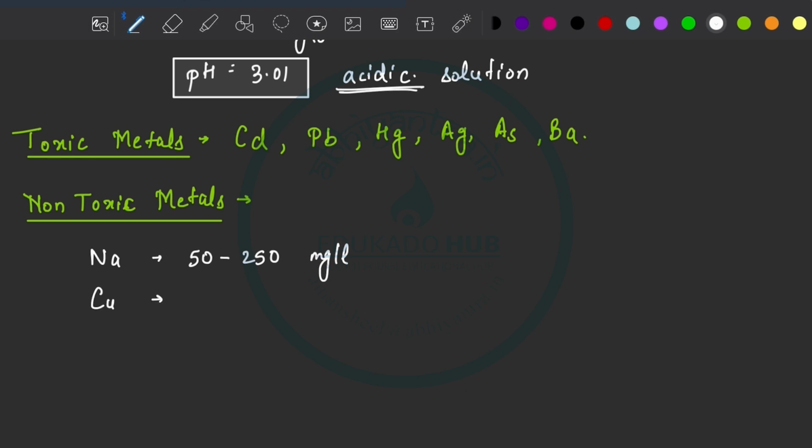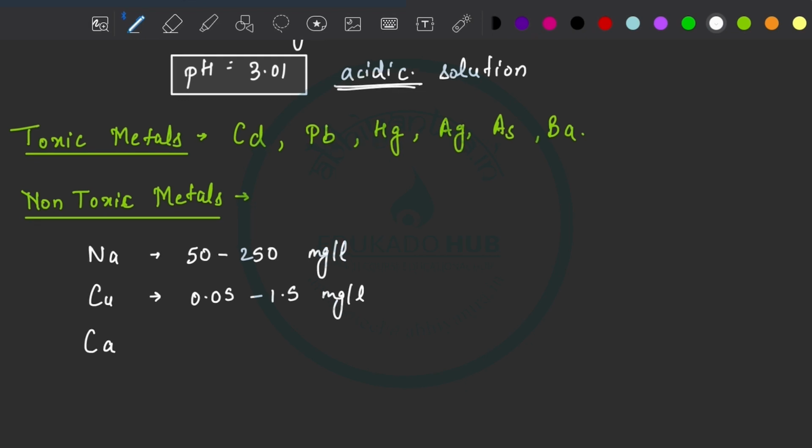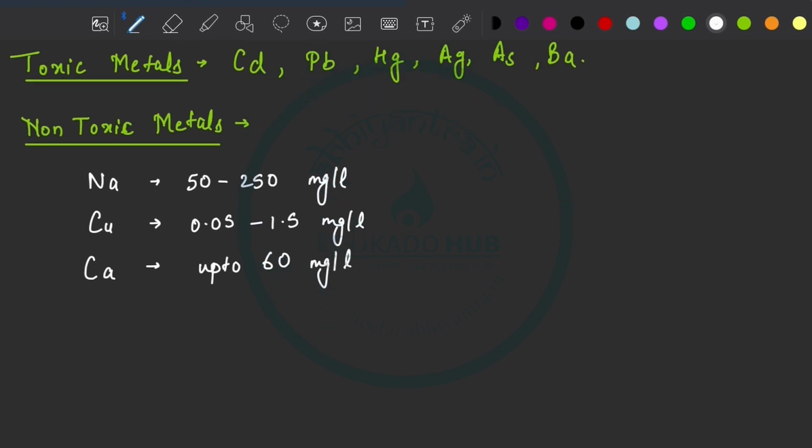Copper is also permissible, it is also non-toxic, so 0.05 to 1.5 milligram per liter. Calcium, Ca, up to 60 milligram per liter is permissible. Zinc is also okay, it is also non-toxic and 5 to 15 milligram per liter is good.